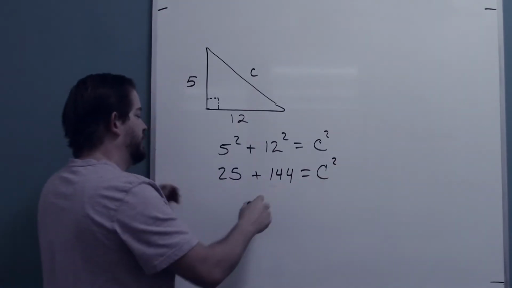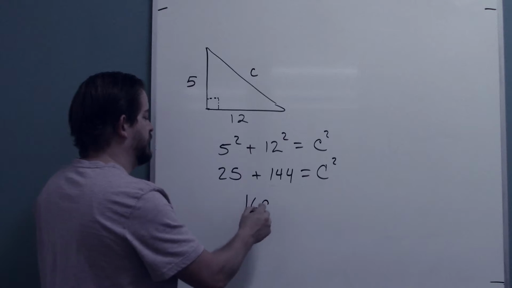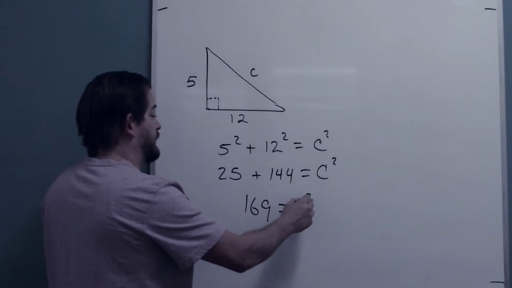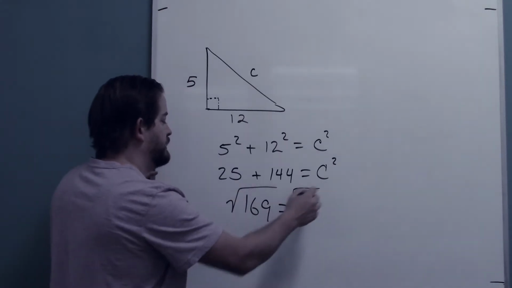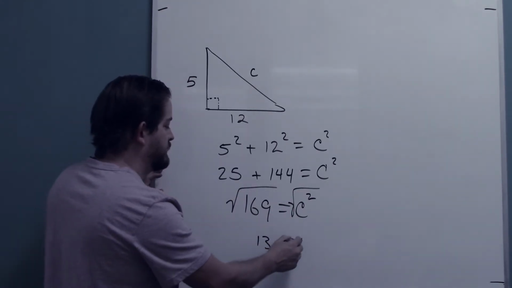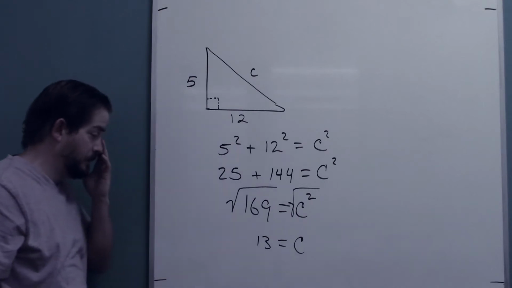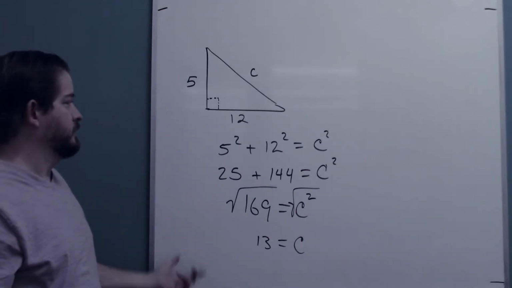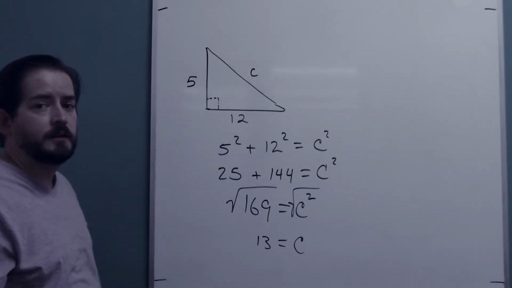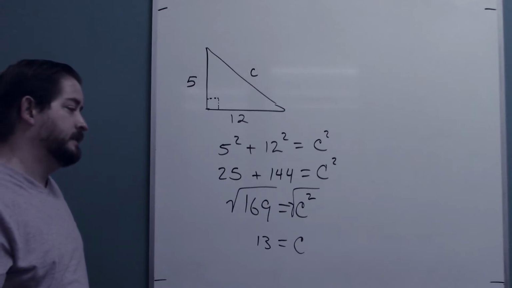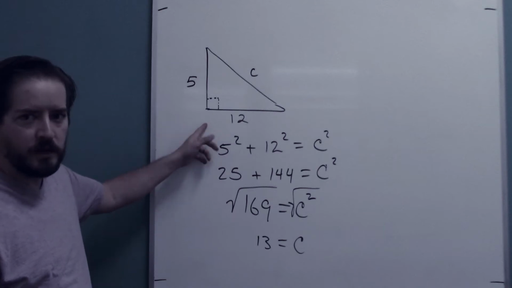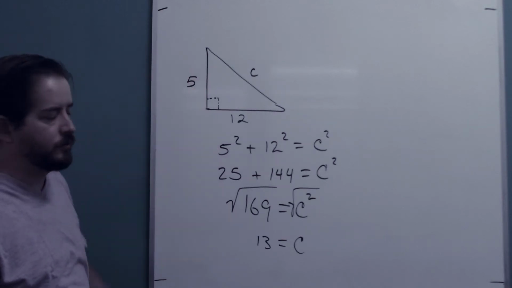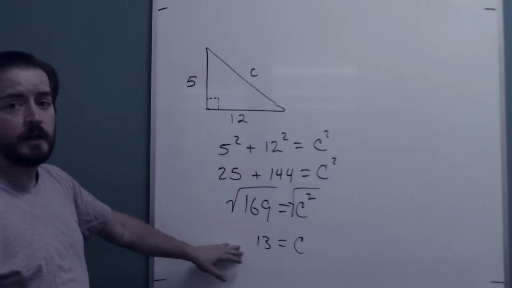If I add these two together, I get 169, which is nice again, because 169 is 13 squared, so c is 13. Again, these are two nice triangles where I end up with integer values. That's not always the case, and it's typically not the case. Any random right triangle that you find out there in the universe, it's probably not going to work out this nice.